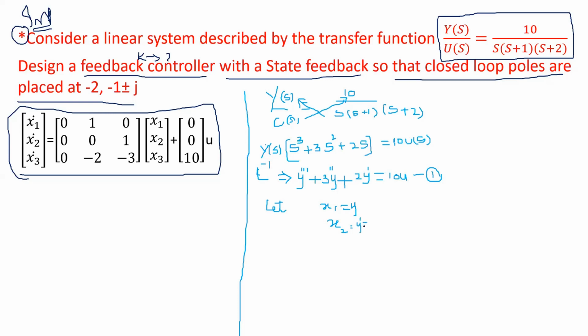Y dash is nothing but x1 dash. The next state variable x3 is, what is next? Again the derivative of y dash. If you do one more time, I will get y double dash, which is equal to x2 dash.